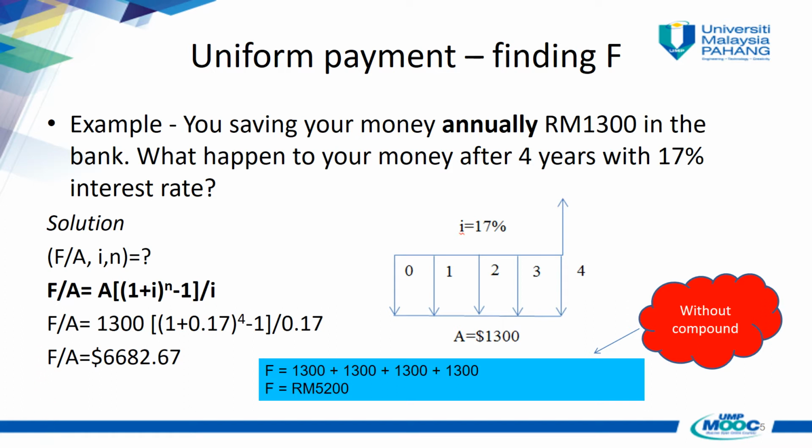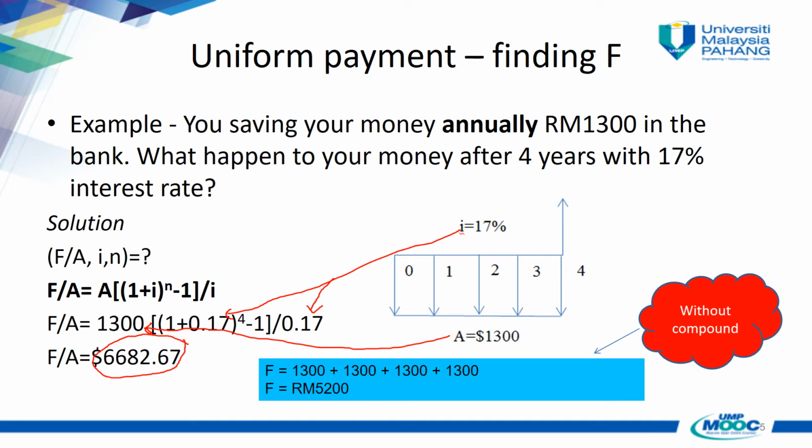If we insert all of our values here, 1,300 ringgit and 17%, we will see that after 4 years our money will become 6,600 ringgit.